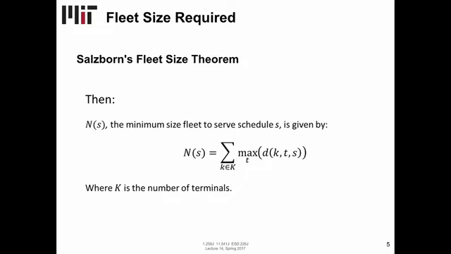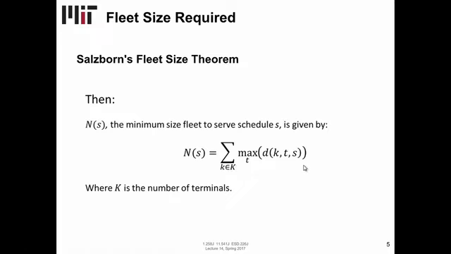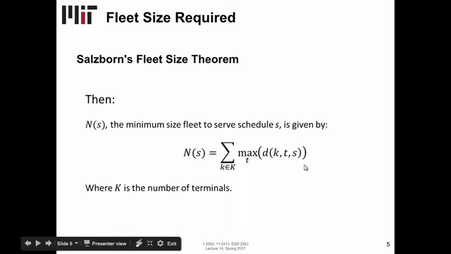The fleet size theorem says that if we compute the maximum deficit over all time intervals for each terminal, and we add those up, we will get the total number of vehicles required to deliver the service. So it's this equation: the summation over all terminals of the maximum over T of the deficit function.